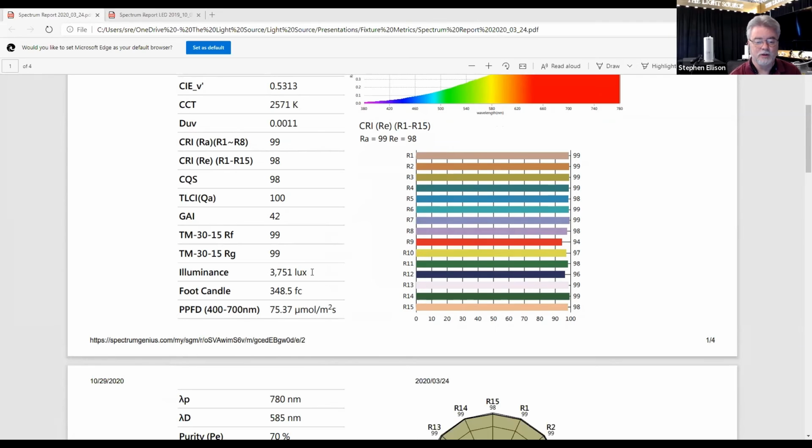The lux, illuminance, and the foot candles. Now, the foot candle reading, be very careful about, because what this doesn't tell you or in any way reference is how far away from the fixture the meter was. So that's something you have to input. So we're not going to worry about that.